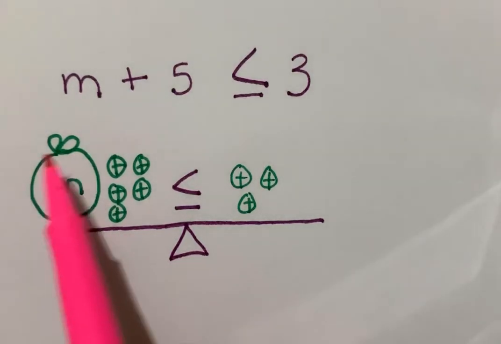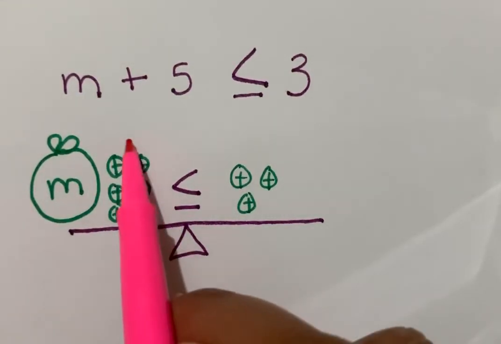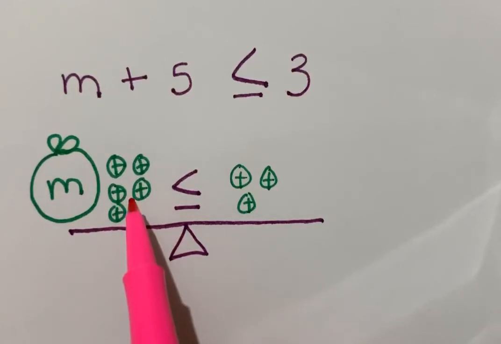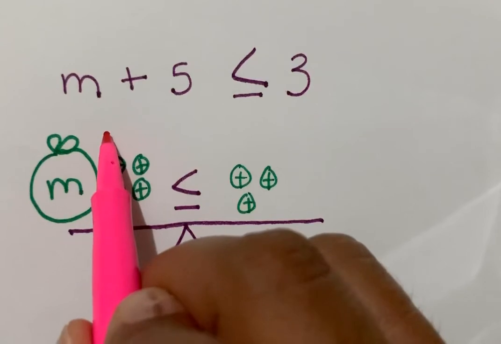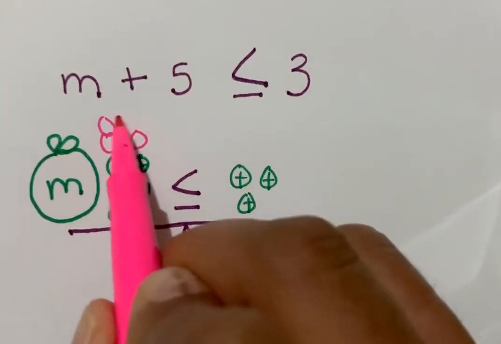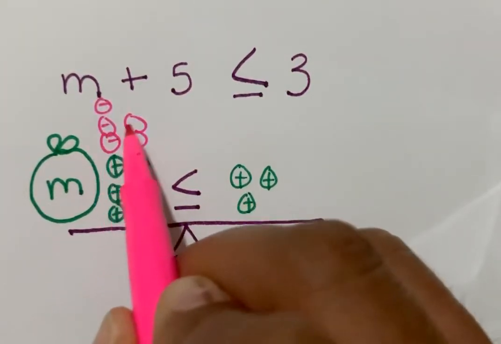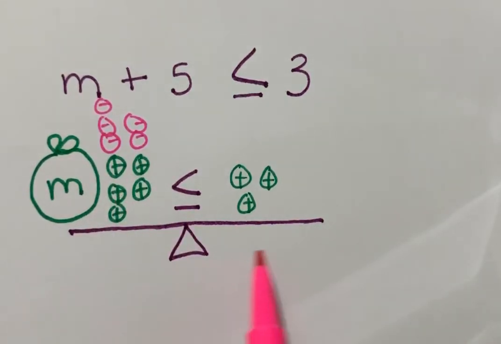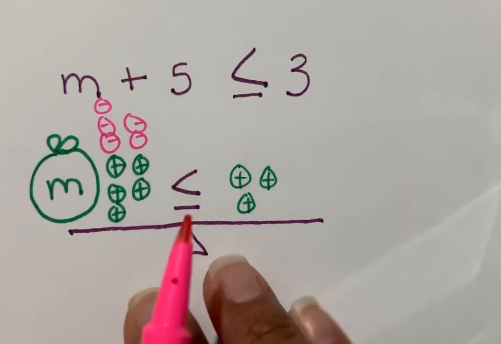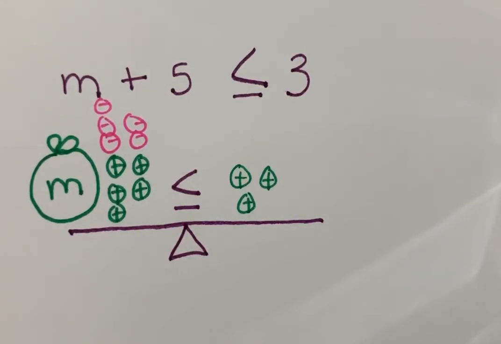So to get my pouch by itself, I have to get rid of these 5 coins. To get rid of 5 positives, I'm going to add 5 negatives. But I've unbalanced my beam, because what you add to one side, you have to add to the other to conserve equality, or to keep it balanced.